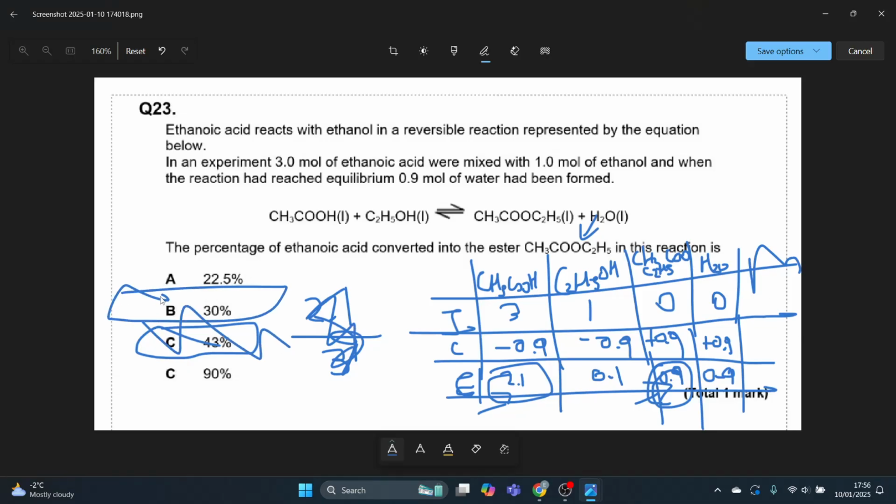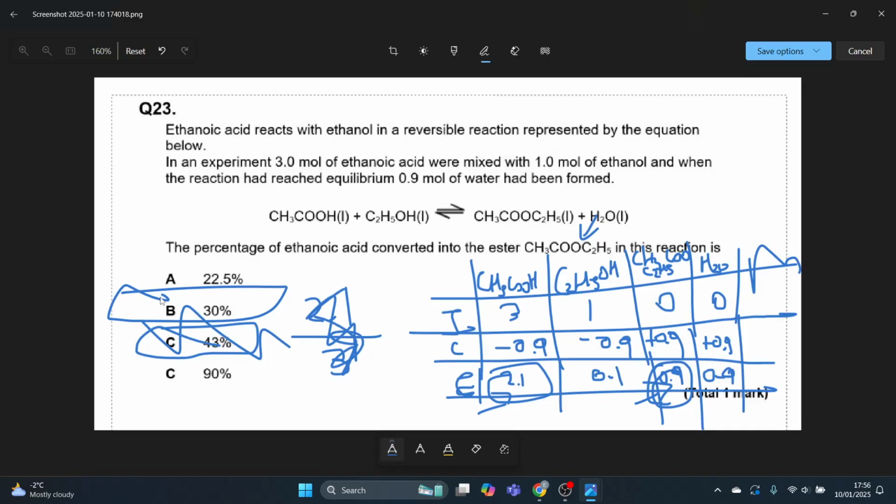Well, why is it 30% though? Percentage of ethanoic acid converted into the ester. No, I thought it was that.